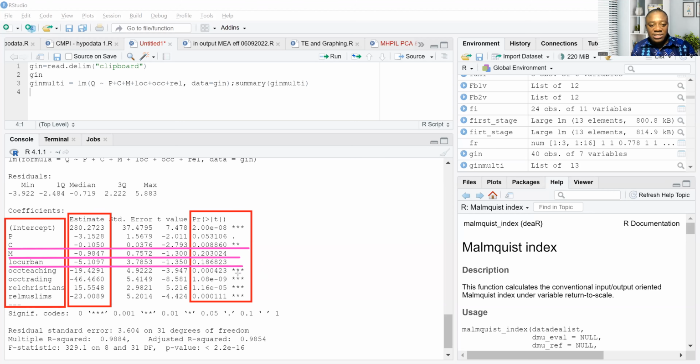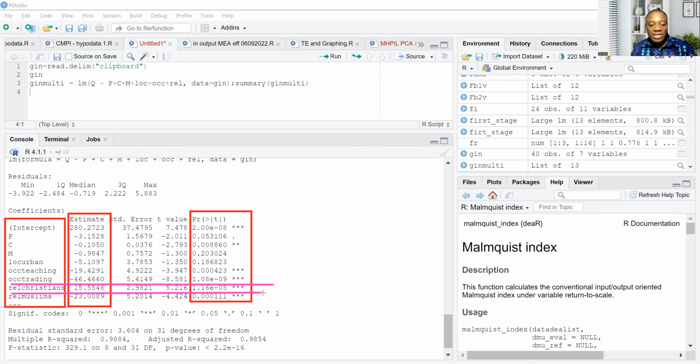It is significant. Occupation trading? It is significant. Religion Christian, if you look at the value, it is 1.16E minus 5, so that is approximately 0. It is significant. The last one? It is significant. Very good.